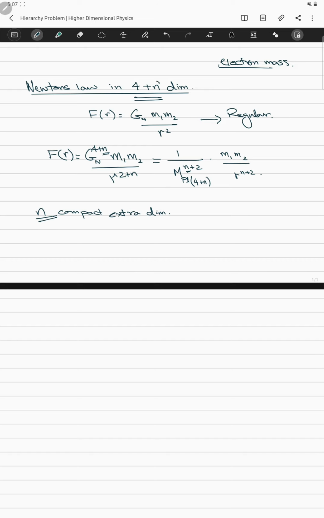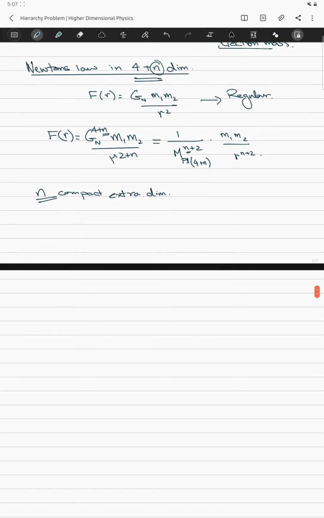So what is n? n is basically the number of your compact extra dimensions. Now let's say that these extra dimensions have a size, and let's call it L, which is equal to 2 pi r. So these compact extra dimensions are S1, which means that they are a circle, and the length of these extra dimensions is just the circumference of this circle, where the radius of the circle is r.